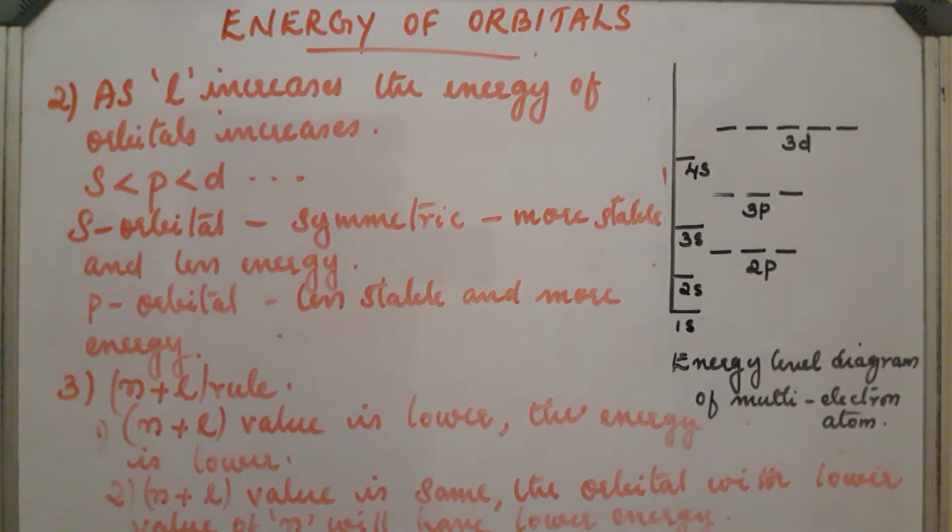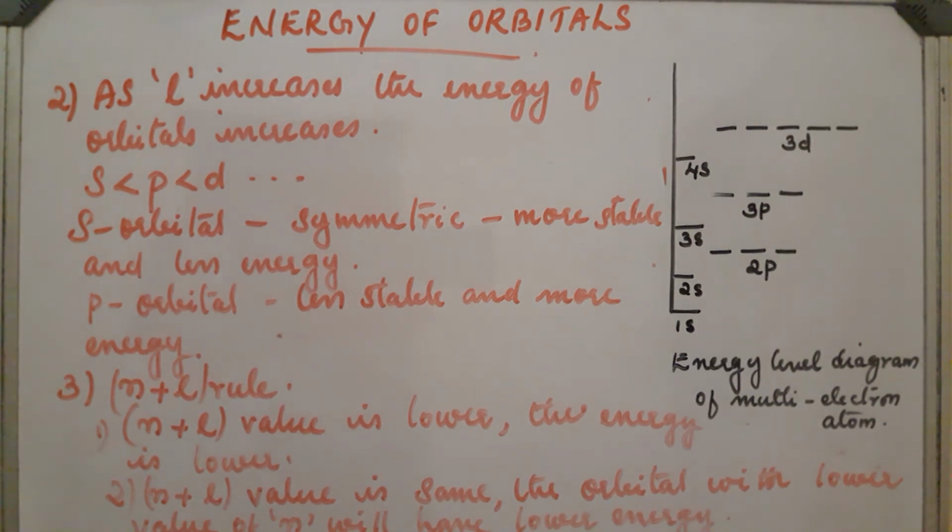This is the n plus l rule. According to this rule, the increasing energy order of different orbitals is arranged. If the n plus l value is lower, the energy is lower. If the n plus l value is the same, the orbital with the lower n value will have lower energy.